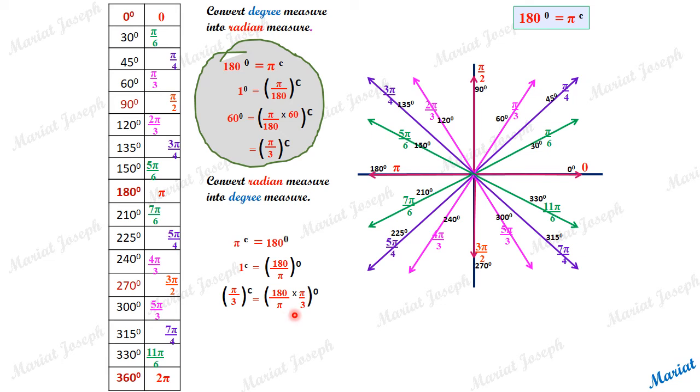Simplify it. 180 by 3, that is 60, which is equal to 60 degree. So this 60 degree we converted into radian and pi by 3 radian we converted into 60 degree. Using this rule, we can go on converting any other angle also. This is called unitary method.